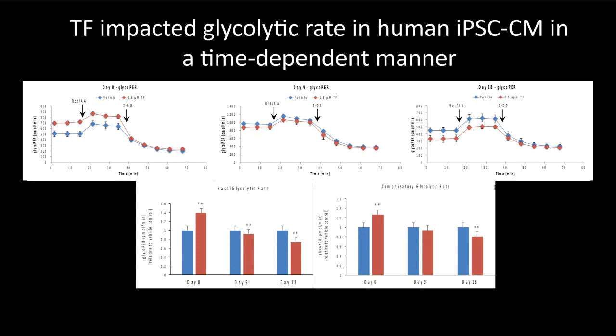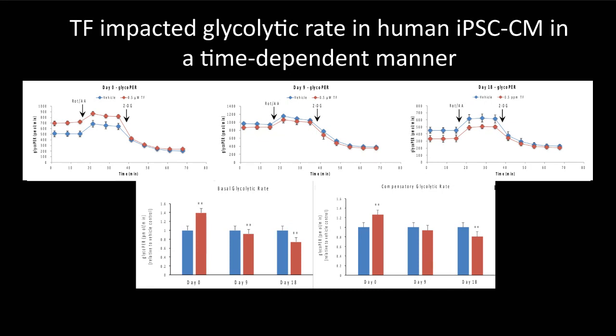This is when we shut down aerobic respiration, where this arrow says rotenone antimycin A. That is where the cells are forced to compensate and increase glycolytic rate anaerobically, which would largely dictate hypoxic tolerance. As you see, it increases anaerobic glycolytic rate early on at day 0.